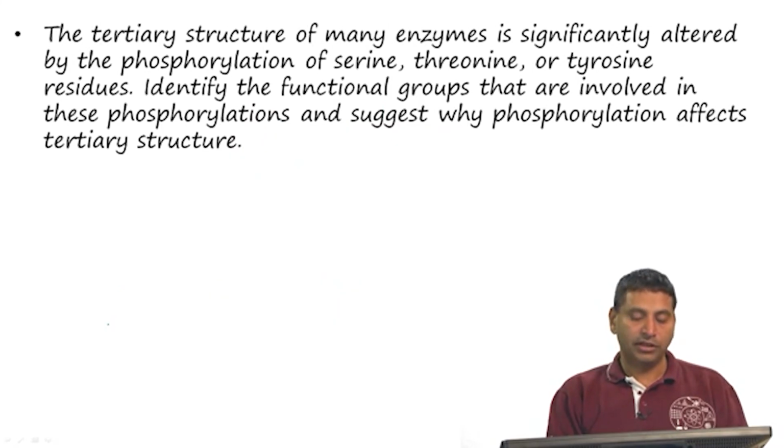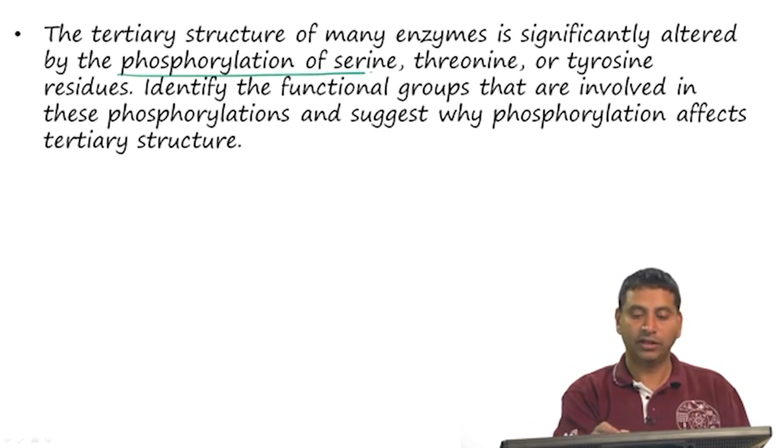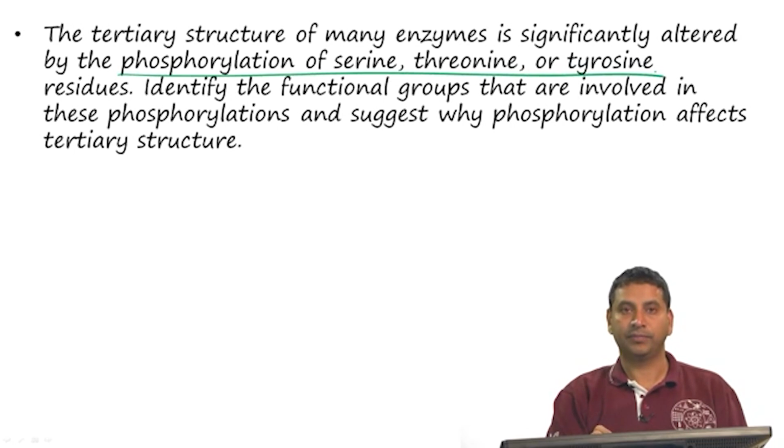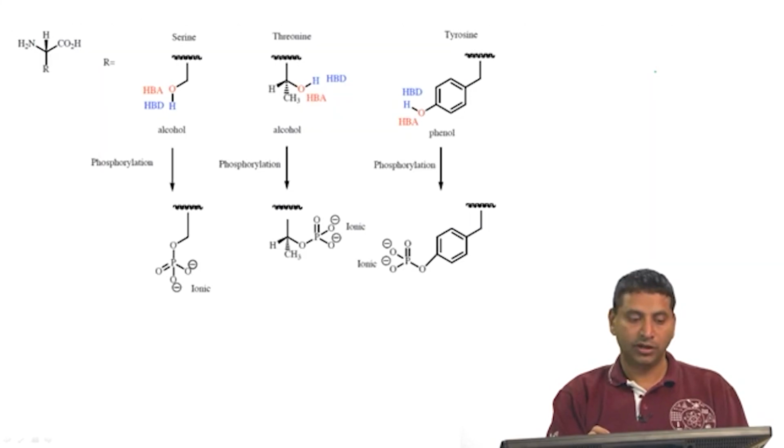The next question is, the tertiary structure of many enzymes is significantly altered by phosphorylation of serine, threonine or tyrosine. Identify the functional groups that are involved in these phosphorylations and suggest why these phosphorylations might affect the tertiary structure. In order to answer this question, let us first look at what phosphorylation is.